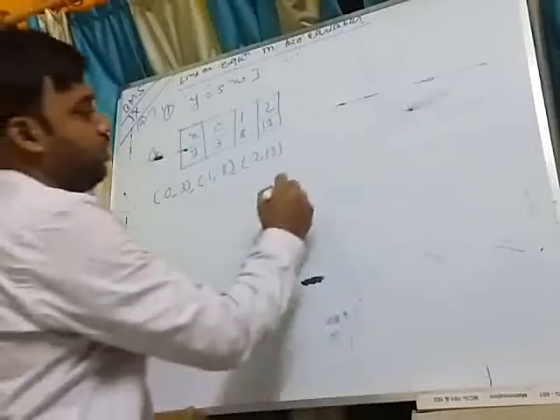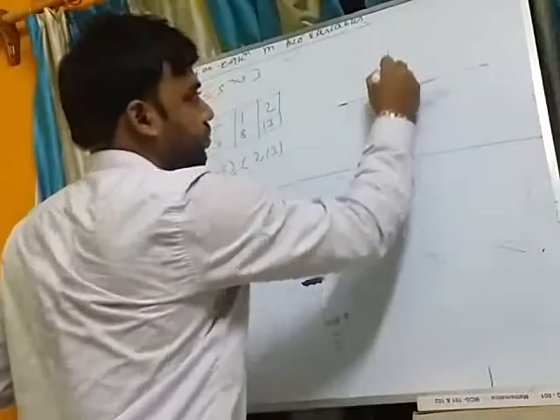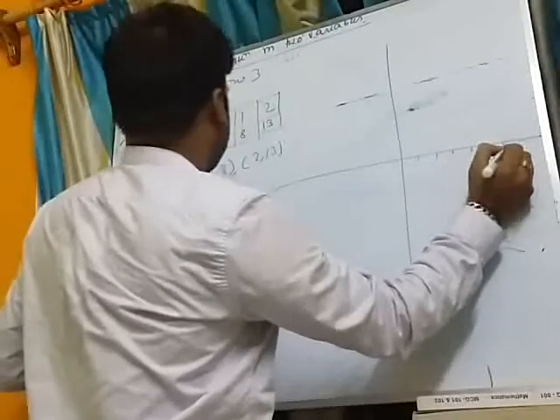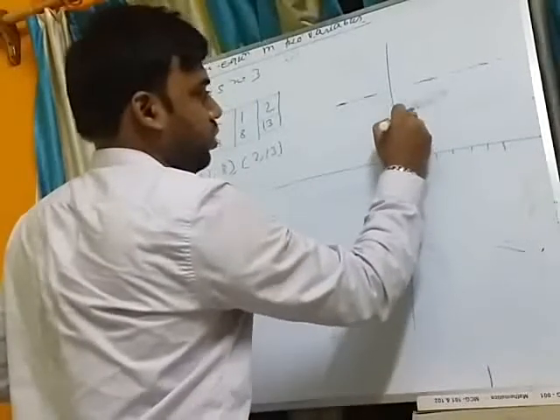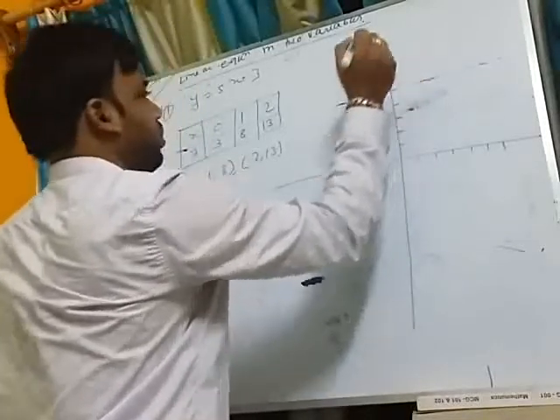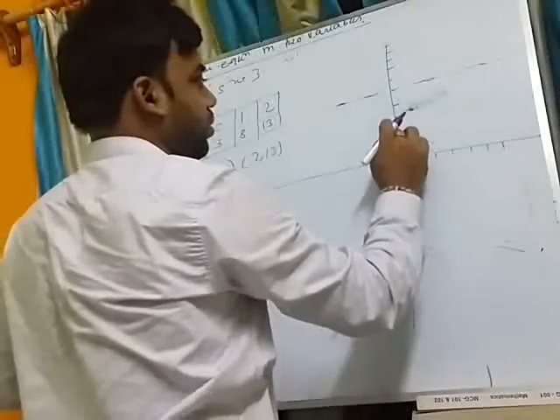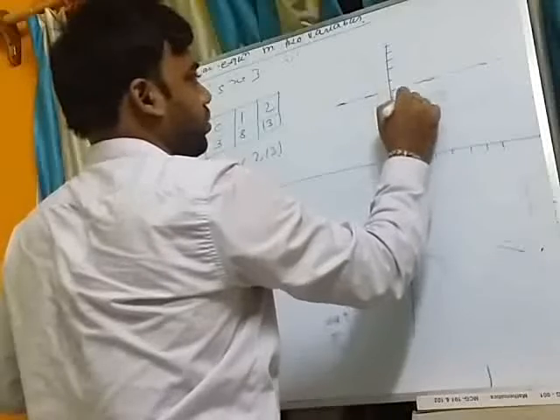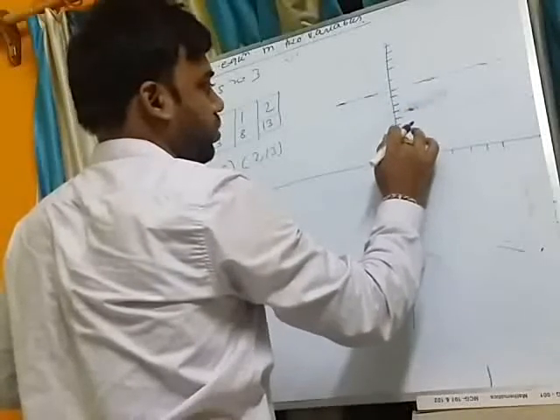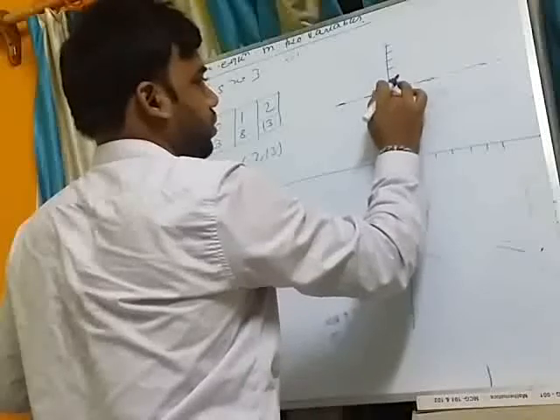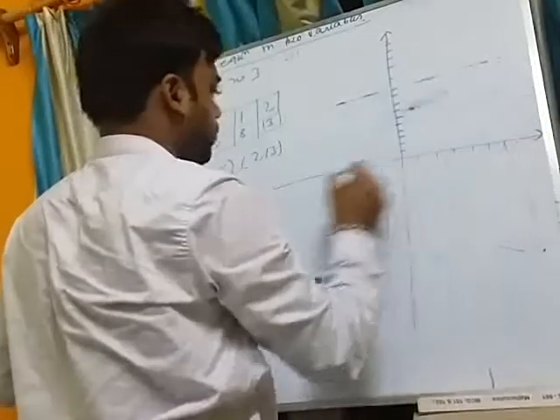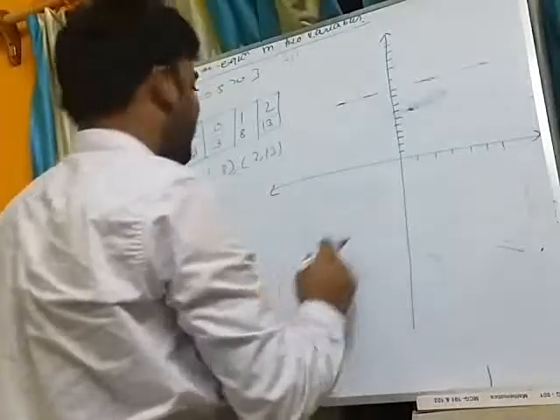Now plot those points on the graph paper. Okay, this is the x-axis and y-axis.